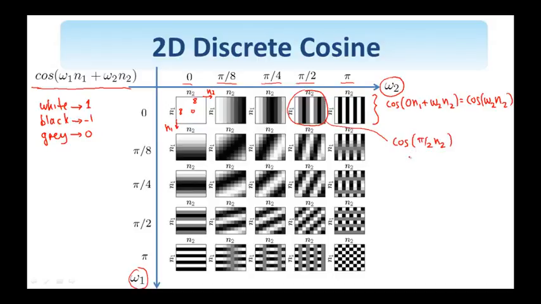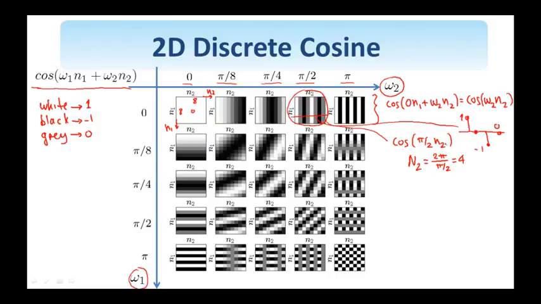For this particular one, the period is 2 pi over pi over 2 equals 4 pixels or 4 samples, right? So if I take one line of this image and see how it looks, then we see that there's a value 1, followed by a value of 0, followed by a value of -1, followed by a value of 0. So this is one period of the cosine pi over 2 n2.